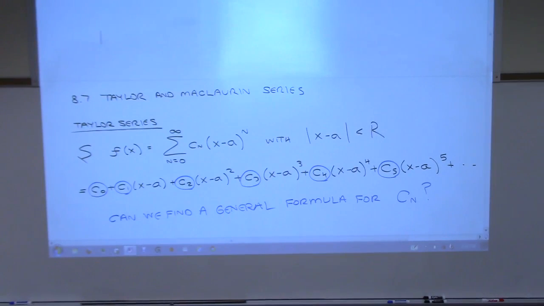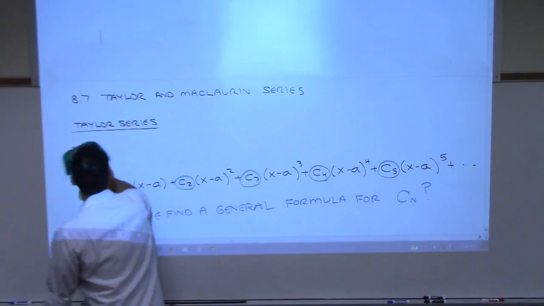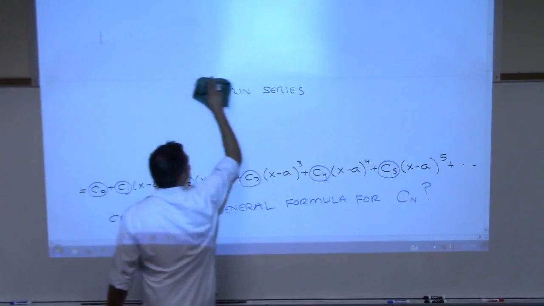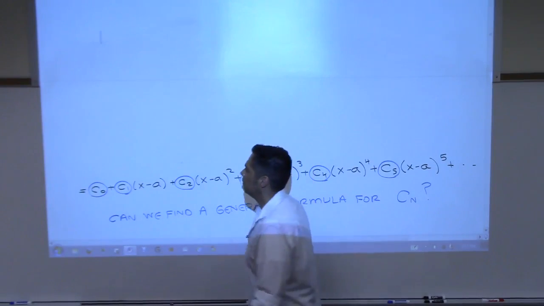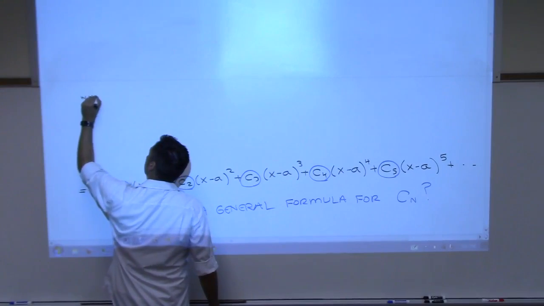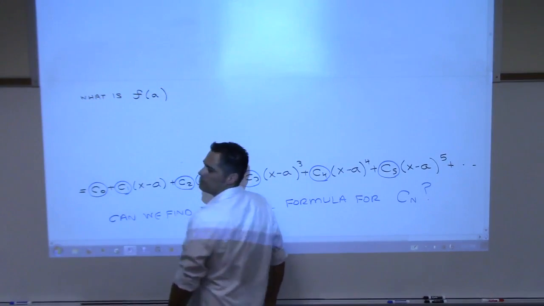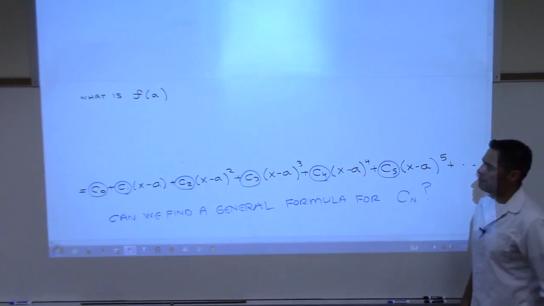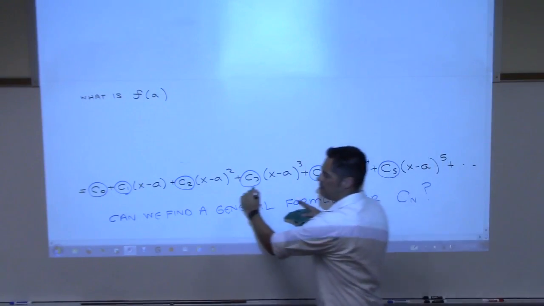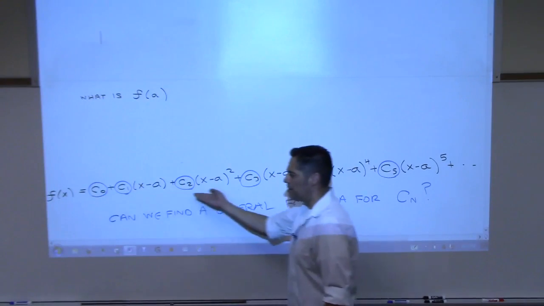All right, so here's how we're going to do it. Let's start out with this very clever kind of idea. What is f of a? Tell me what f of a is. So remember this line right here that I have written? This is f of x, right? That's our power series written out, expanded.